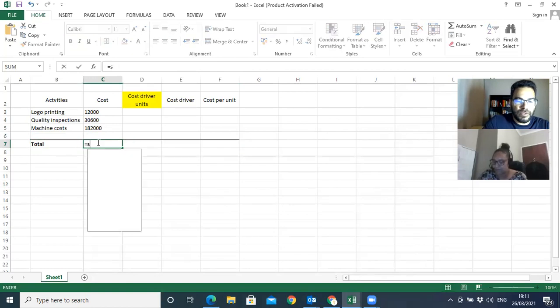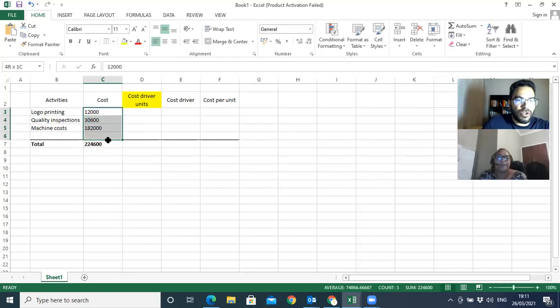So here I'm going to have total, which equals sum. We know the total cost should add up to what they gave us, 224,600. Okay, so we're happy with that.